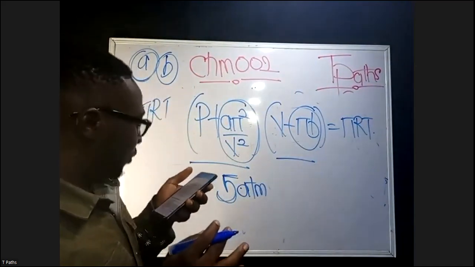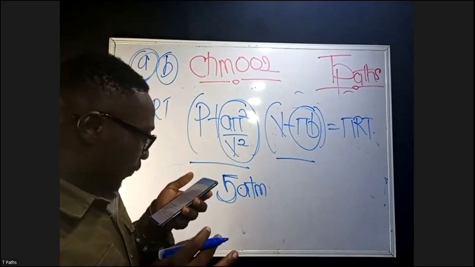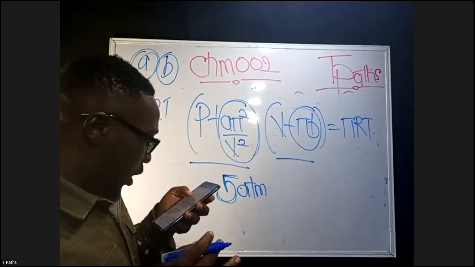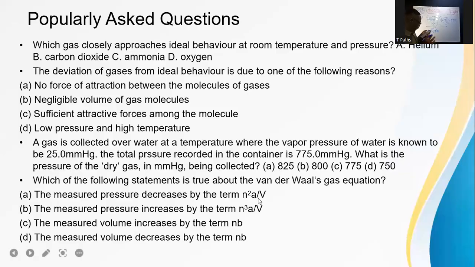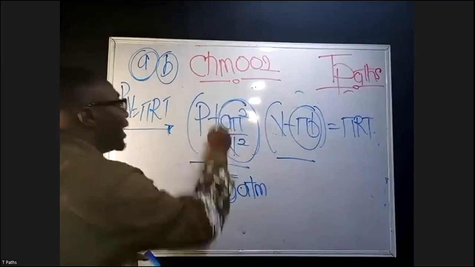The measured pressure decreases by the term n squared a over V squared? That is wrong. The measured pressure actually increases by that term. You can see it's a plus. So if the pressure is 5 atm, the pressure will increase, because I'm adding a n squared over V squared.